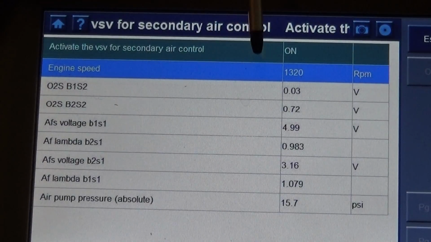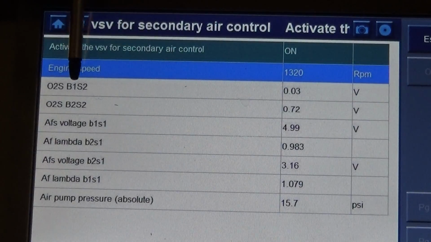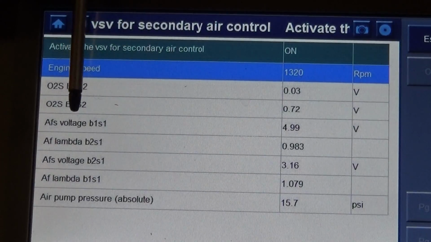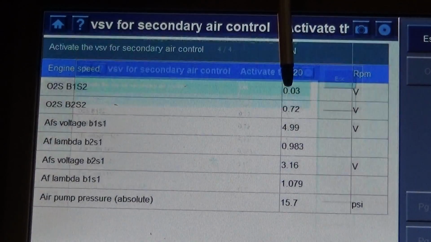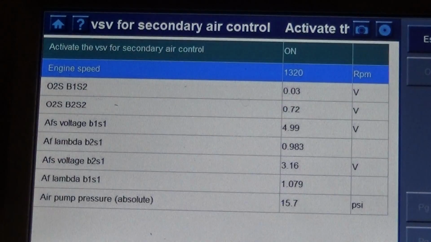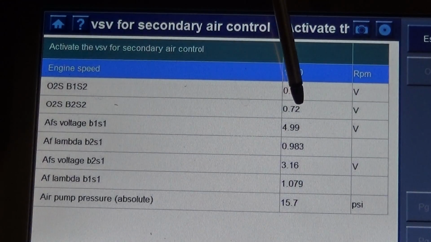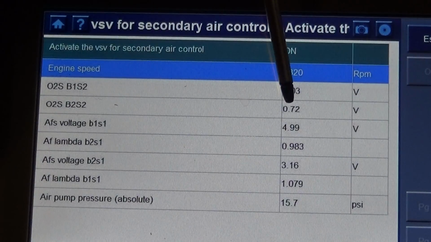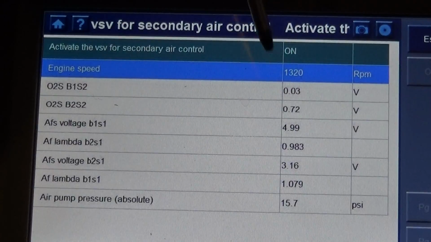However, our bank 1 downstream is lean, which means it was not obstructed. Bank 2 sensor 2 reads rich. There's a red flag right there. This is your side that's obstructed.